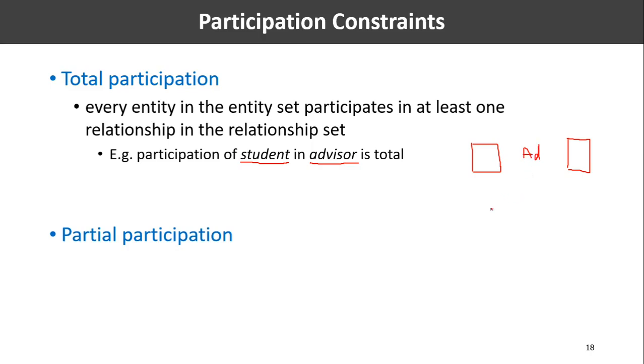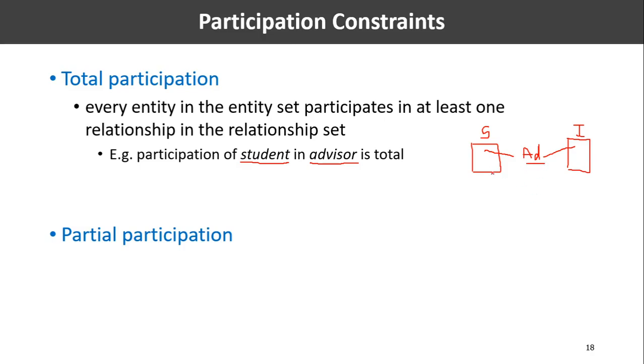If we look at this relationship advisor and this entity set student, we say that every student must have at least one instructor associated. This is my student and this is my instructor. So what I am saying is that every student must be associated with at least one instructor who is working as advisor.